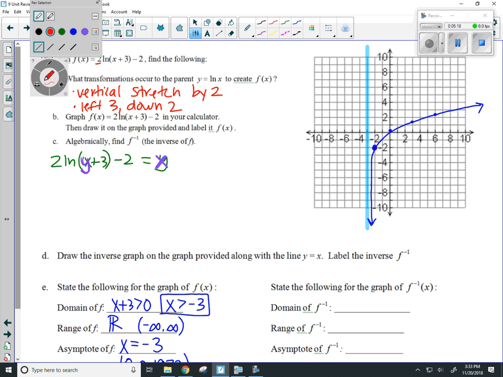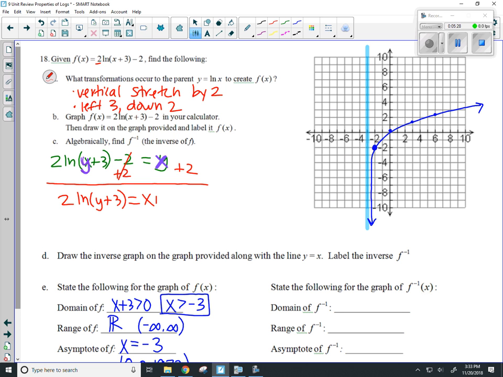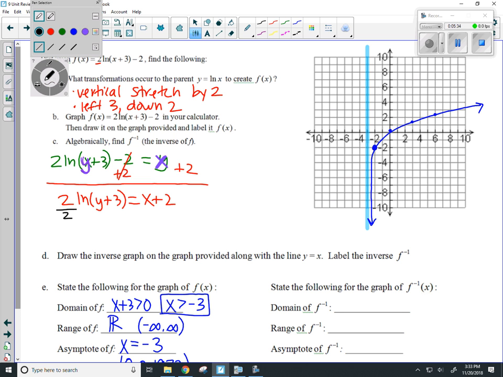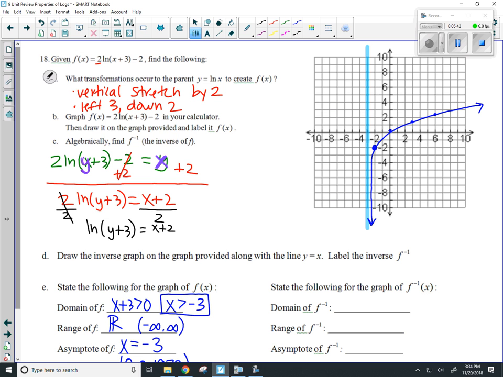So from here, we're going to have to get rid of that 2 first, by adding 2 to both sides. So we have 2 ln(y + 3) is equal to x + 2. Before we can do anything with that log, we have to get rid of the 2 out front. So we have ln(y + 3) is equal to (x + 2)/2.